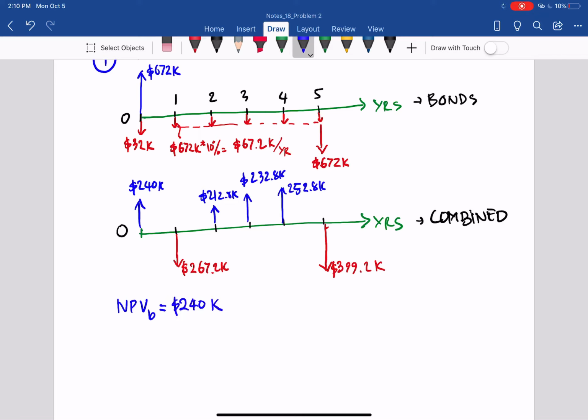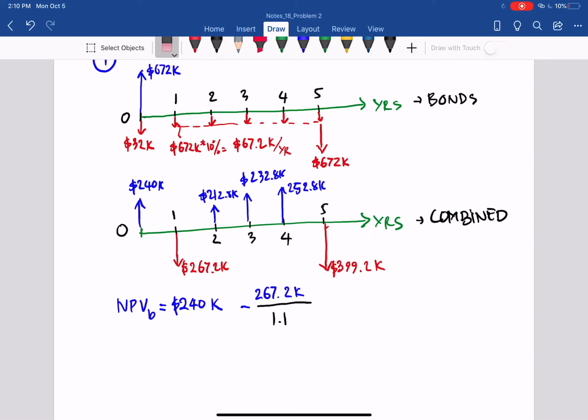Years 1, 2, 3, 4, 5. At year 1, negative, so we have negative 267.2K, and we divide by 1.1, since it's 10% for the public agency, power 1, that is the discount. Given F over P, by now you know what to do.